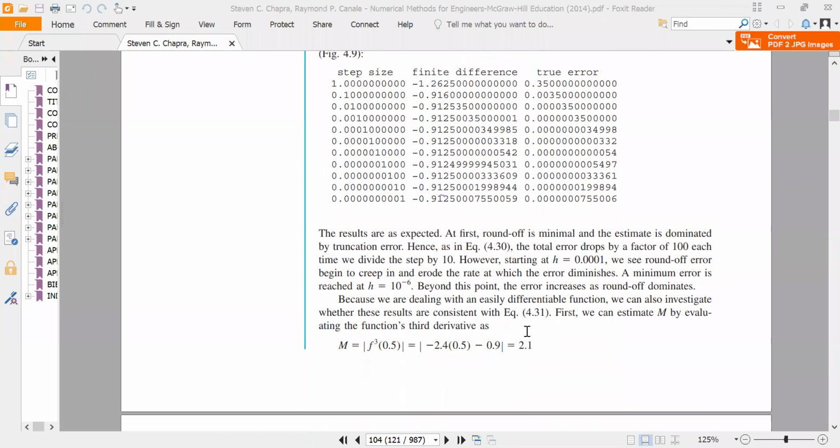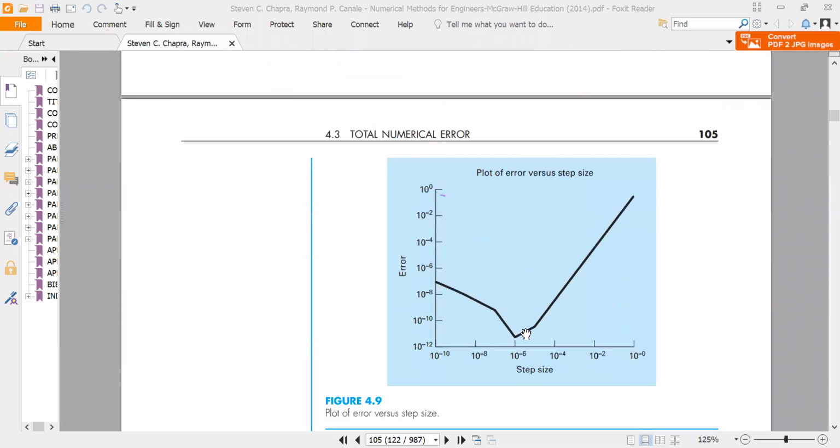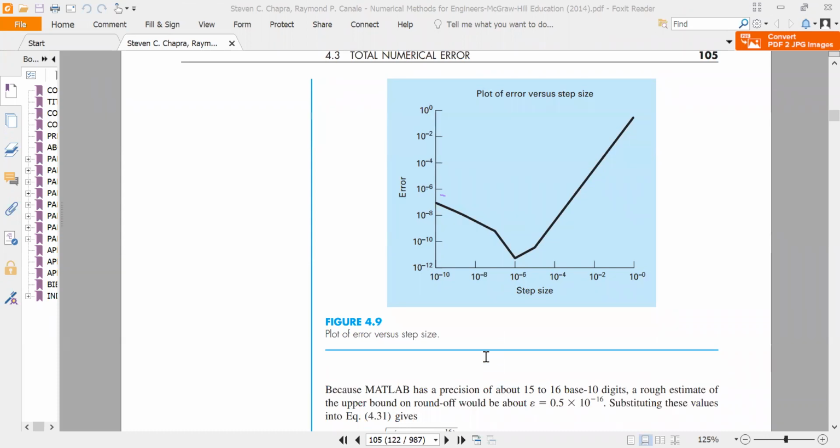You can rekey it in your computer and try to investigate it. In a particular example, you see that the error curve has been calculated by using different values of your step size, and you see that the error curve follows the nature that was predicted theoretically earlier. You can easily verify this thing.